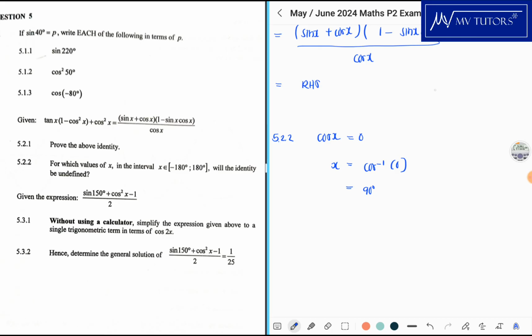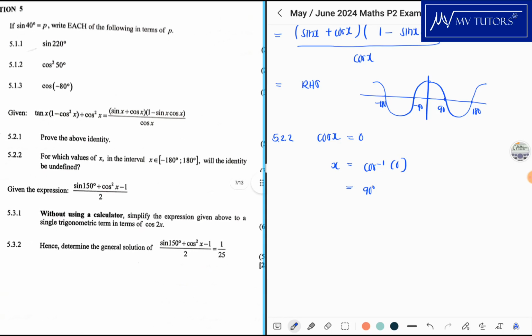But if we were to sketch the graph actually of cos, it's at 90 and also at 180. Okay, and if you go also on the other side, it's negative 90, negative 180. So I would say, how many marks is this? 3 marks.